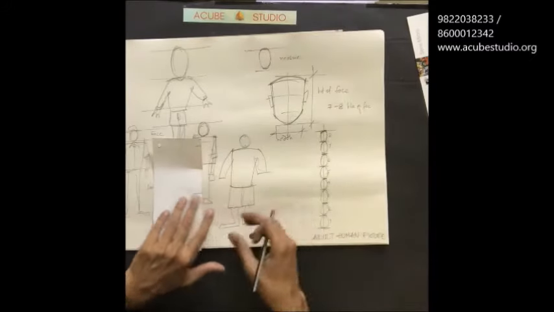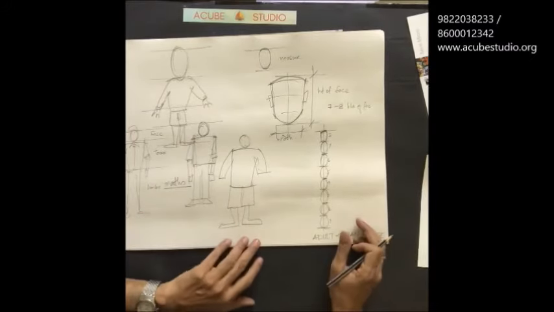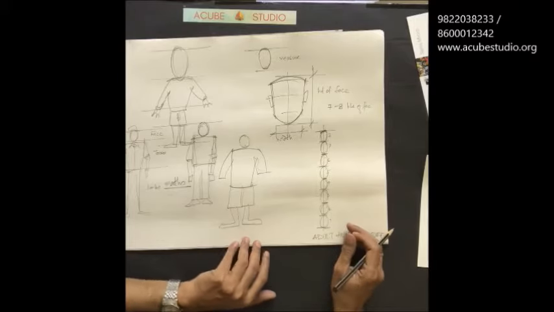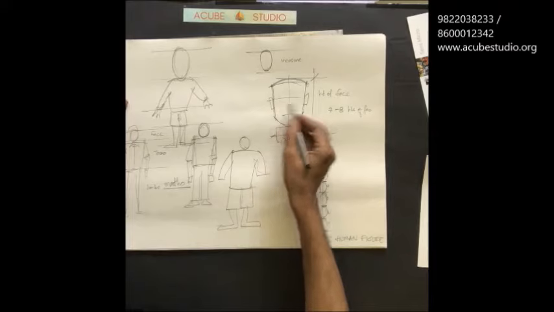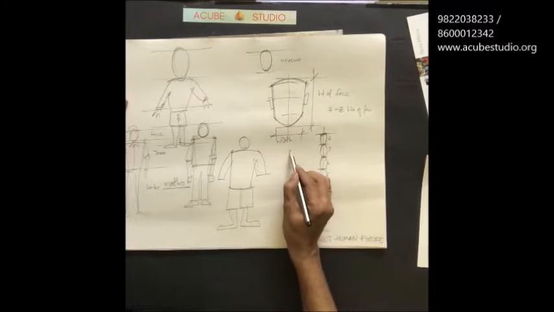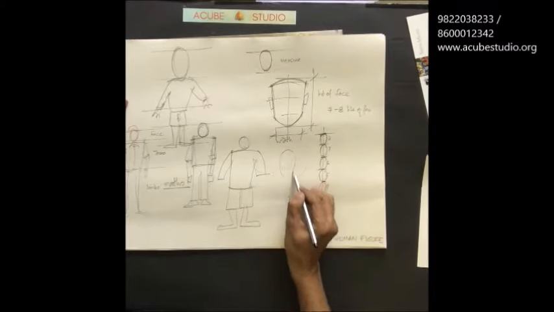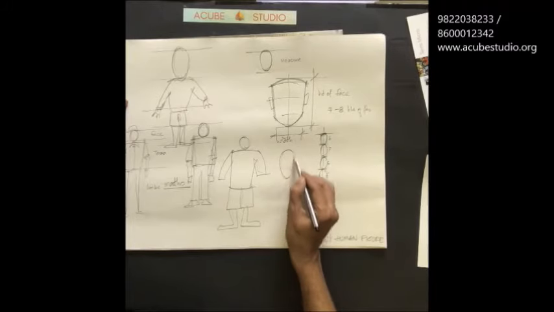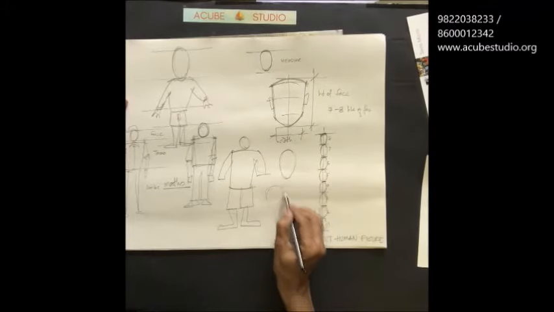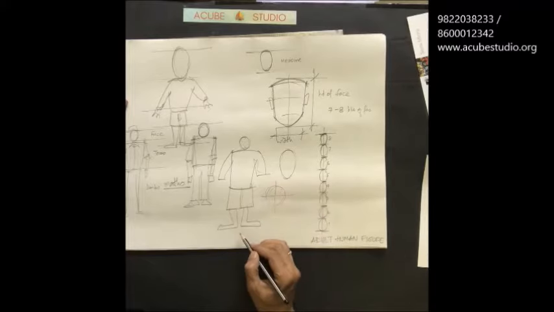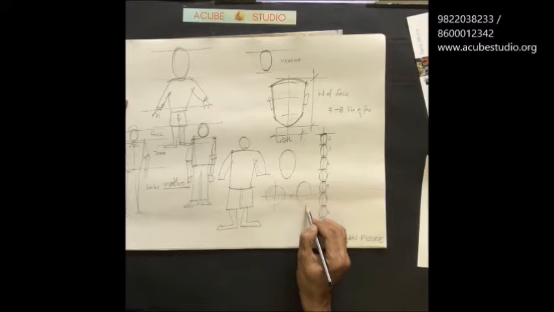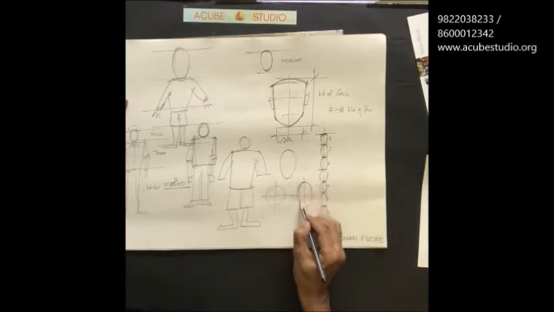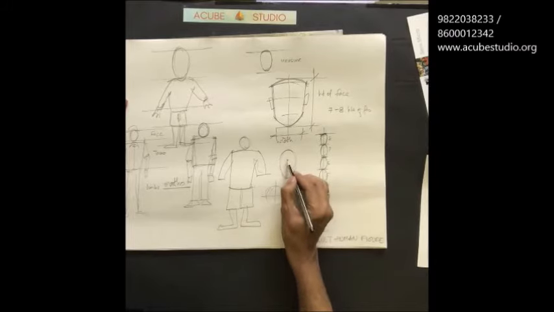From here onwards, we go ahead to draw a typical Indian male and female. When we draw a face, see that the face is egg shape and not circular, not an ellipse. It's an egg.